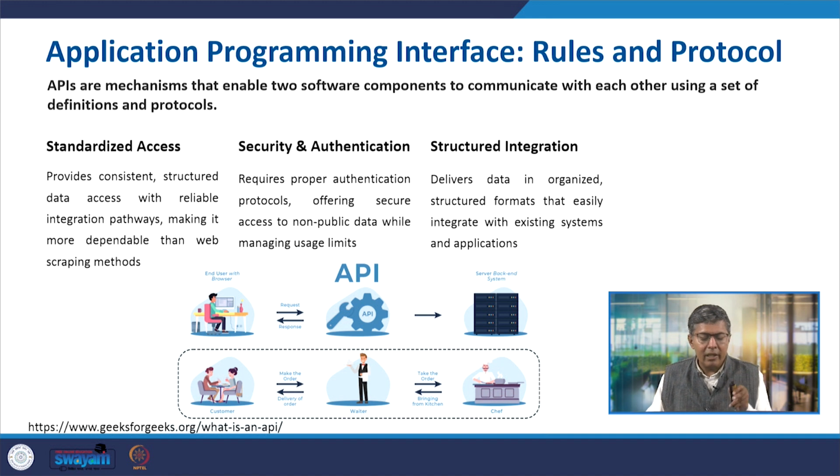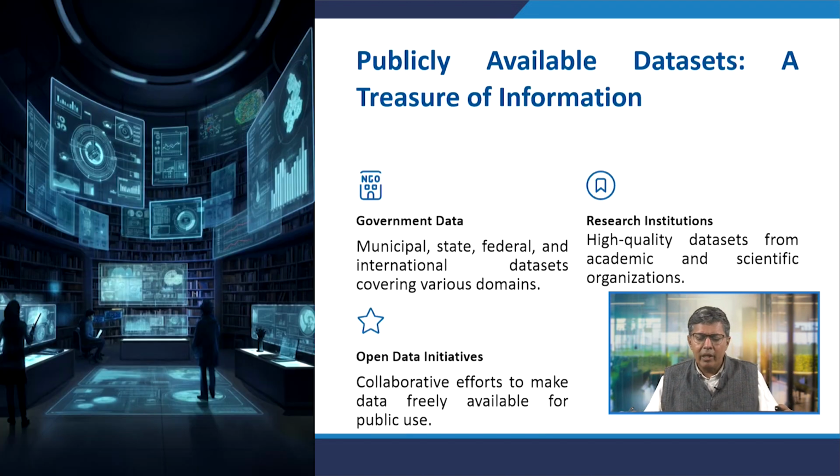So it takes care of those security and authentication issues, and delivers data in the most organized and structured formats. That is very important, because otherwise if you get the data in a very unstructured format, you will go mad, you will not be able to understand anything out of it. Okay. Now, what are publicly available data sets?